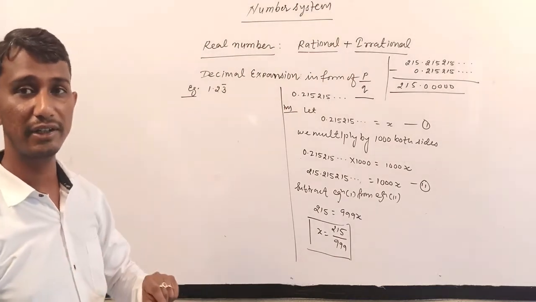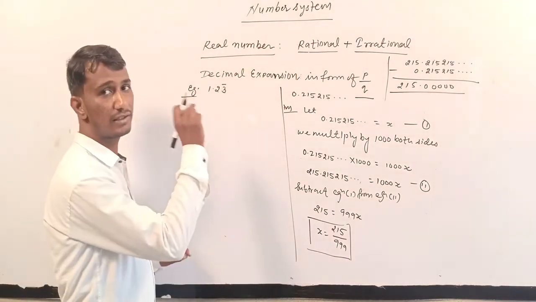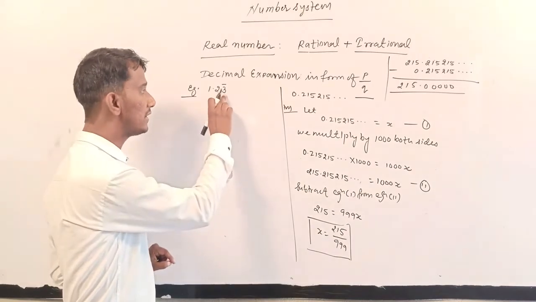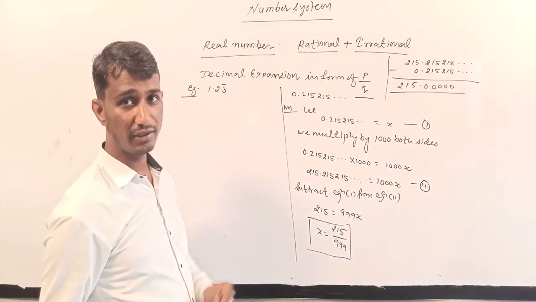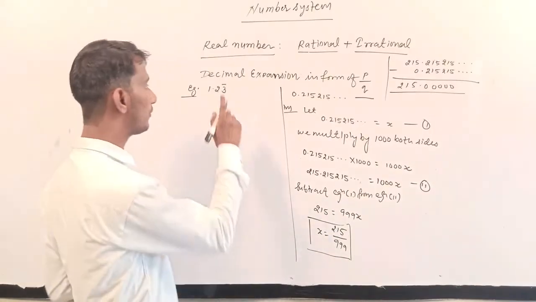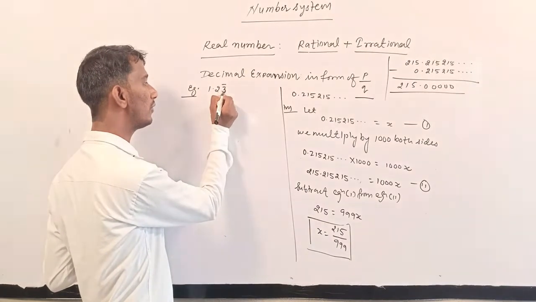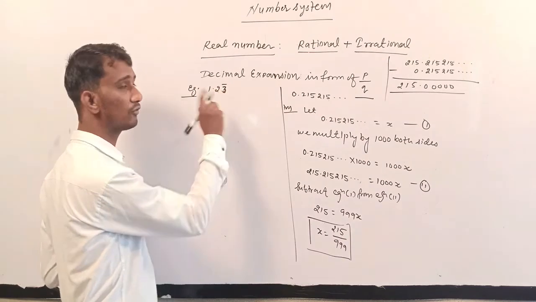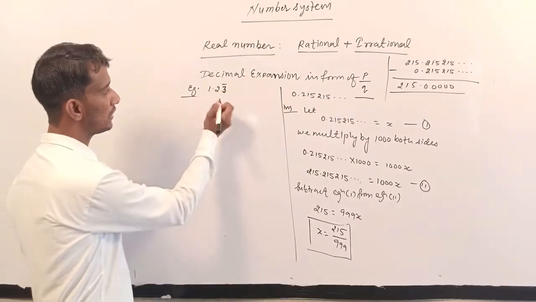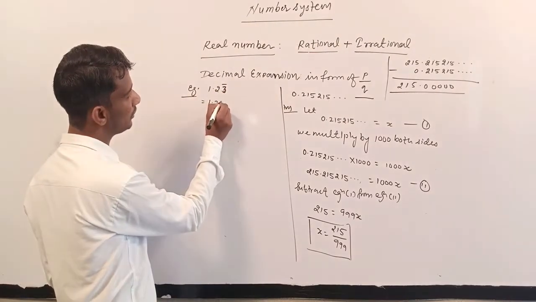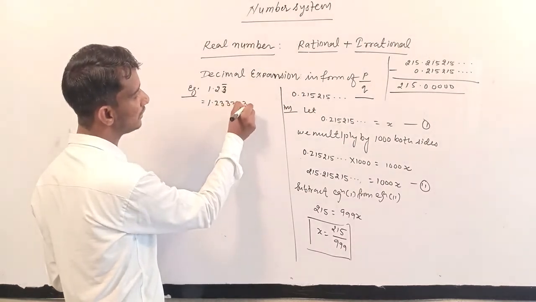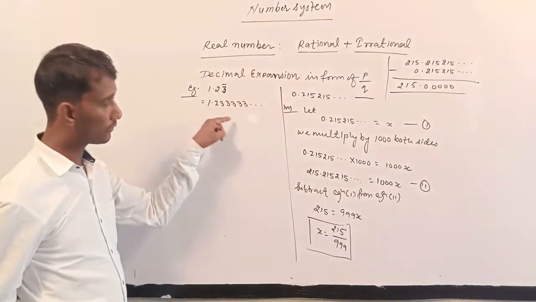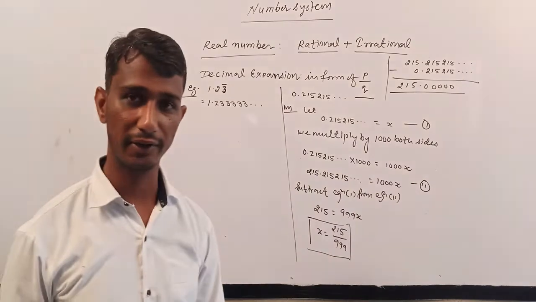The bar is saying that this digit is repeating. If the bar is above only one number, only one digit is repeated, which means it is saying 1.2333333.